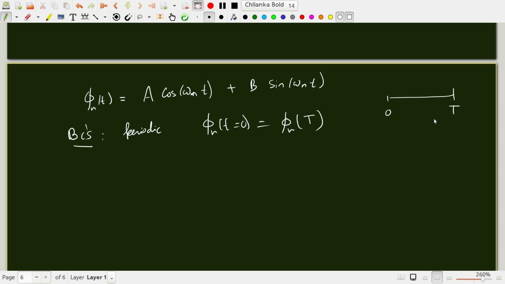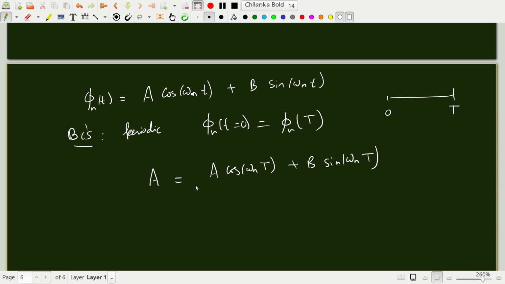Okay, now therefore if I do this, phi n at t equal to 0 is a, phi n at small t equal to capital T is a cos omega n t plus b sine omega n t.